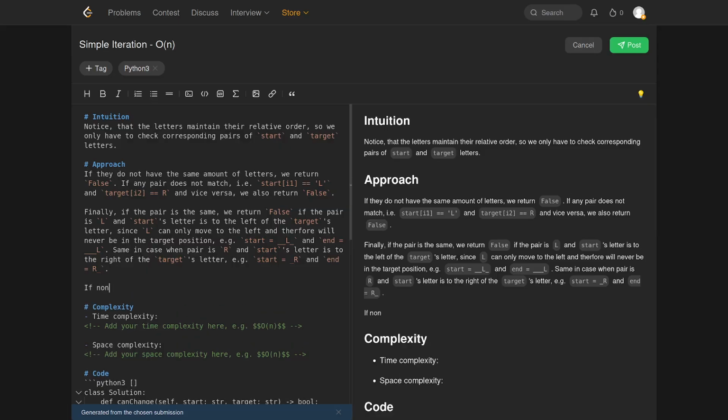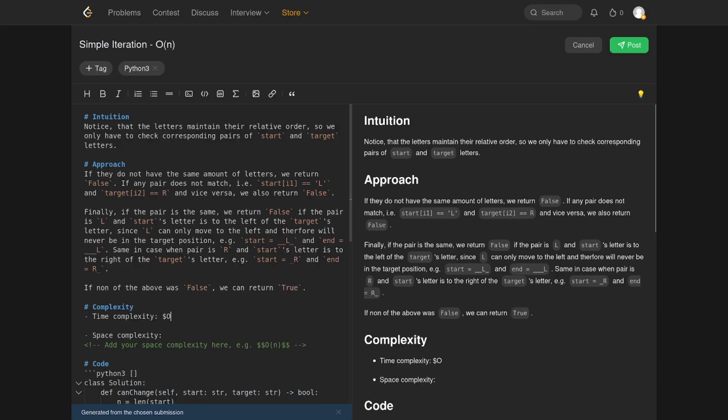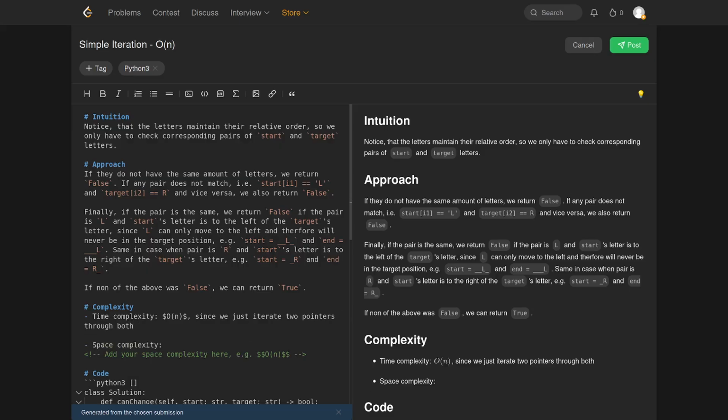If none of the above was the case, we can return true, since we just iterate two pointers through both strings and do O(1) work for each pair of non-underscore characters.